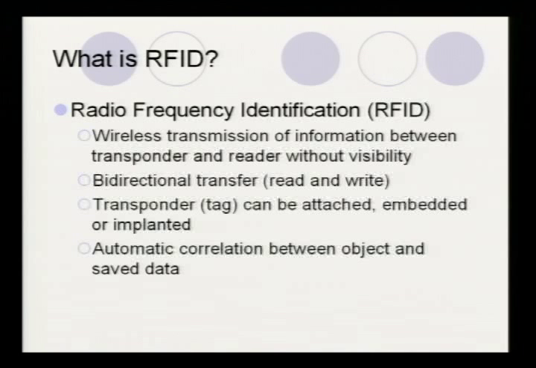And we have a transponder or tag, and this can be attached, embedded, or implanted. The main feature of RFID is the automatic correlation between object and saved data. This can be a garage door or something like this, a human in a bar or a passport or something like this.